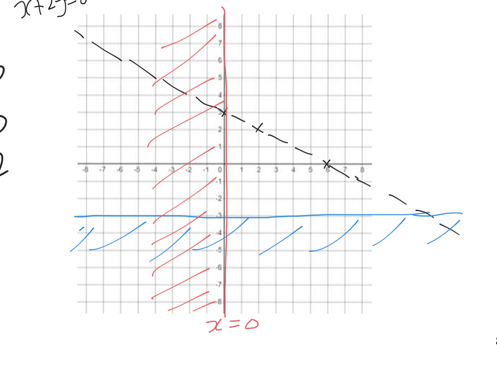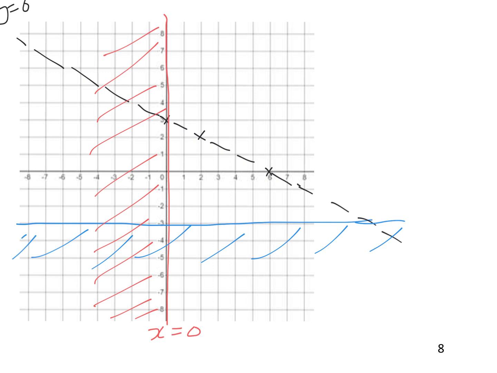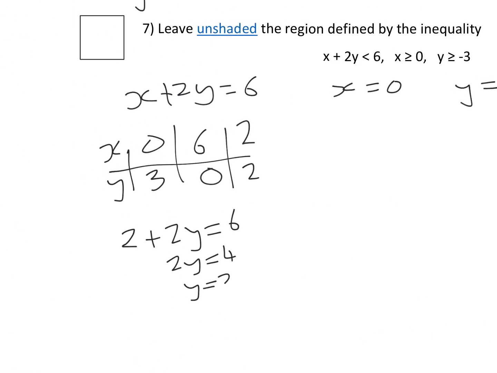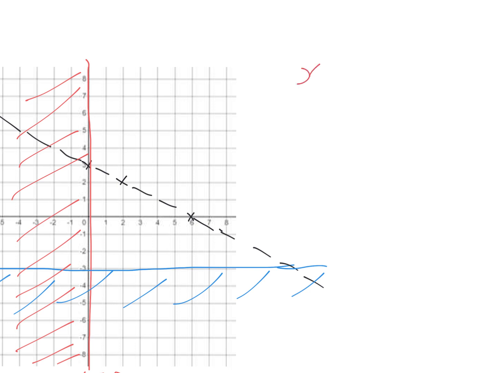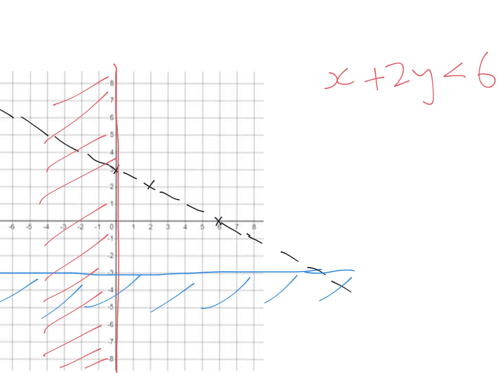So to figure out that one, I'm going to test a point. Remember, the inequality is x plus 2y is less than 6. I'm going to choose my test point to check that. So the line is here.